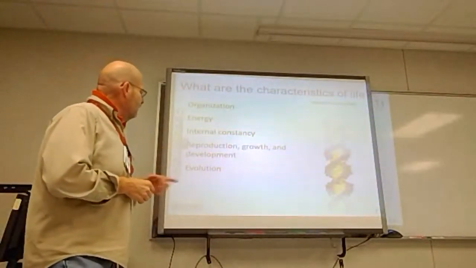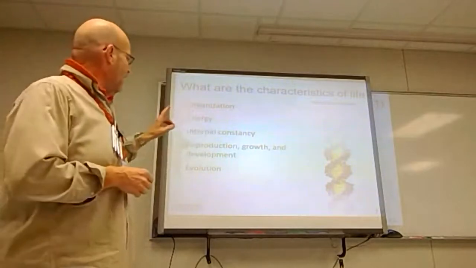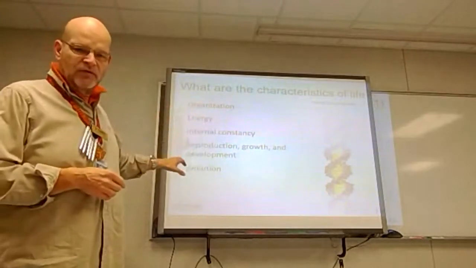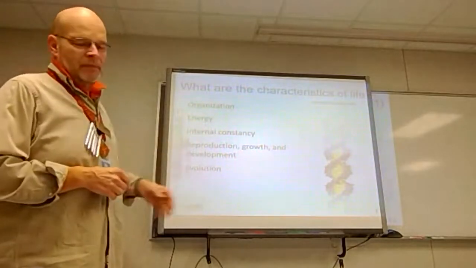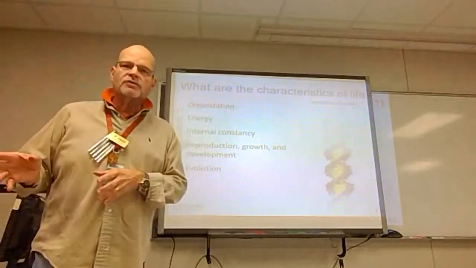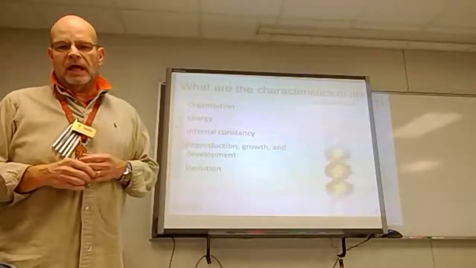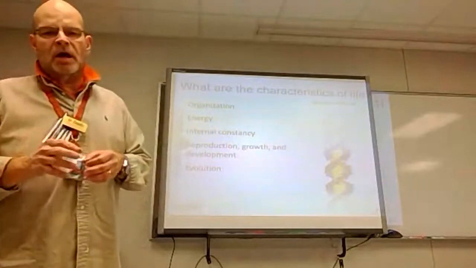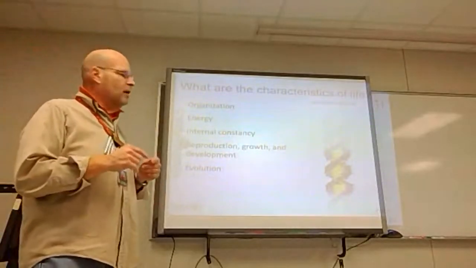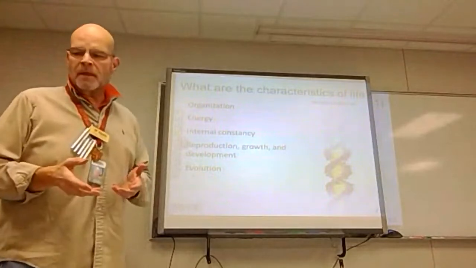All living things must have the ability to reproduce, grow, and develop. And we'll talk about, again, each one of these in turn as we get to it. And then finally, evolution. There is not a more controversial subject that we could talk about in a biology class than evolution. And most of that is because people don't fully understand what is meant by the term evolution.